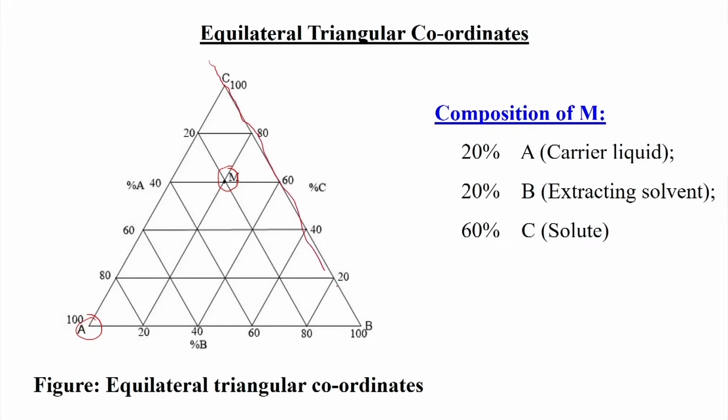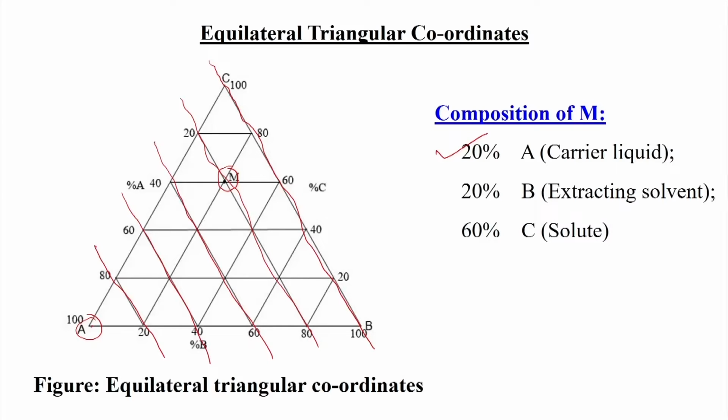This is 20% A, then this is 40% A, this is 60% A, this line stands for 80% A and this tip is 100% A. So for M we have 20% A, meaning the carrier liquid contains 20% A here.